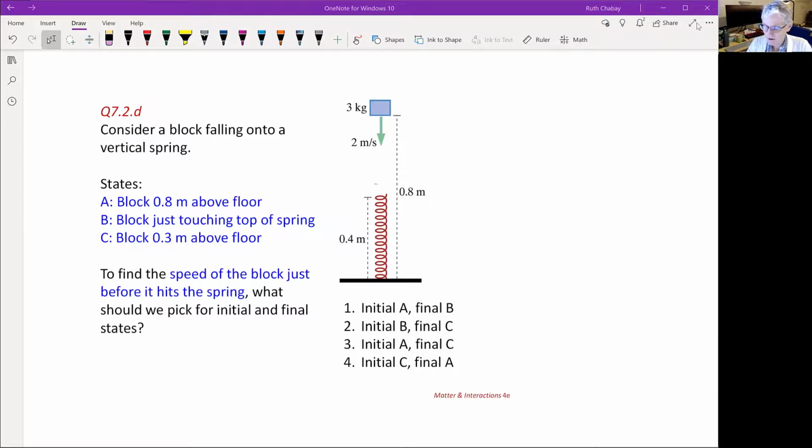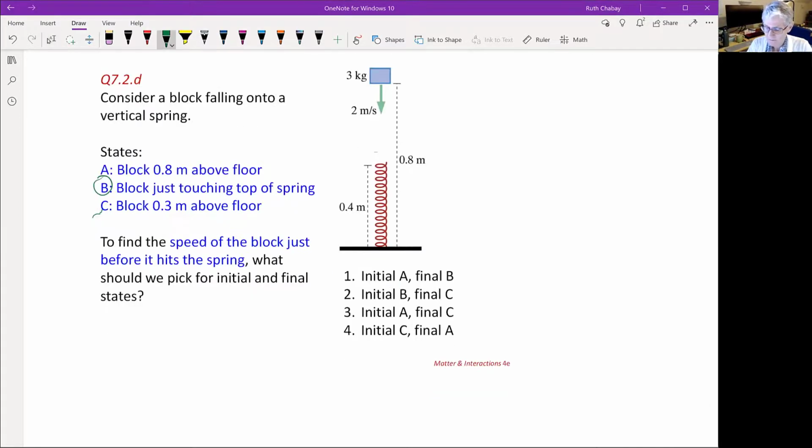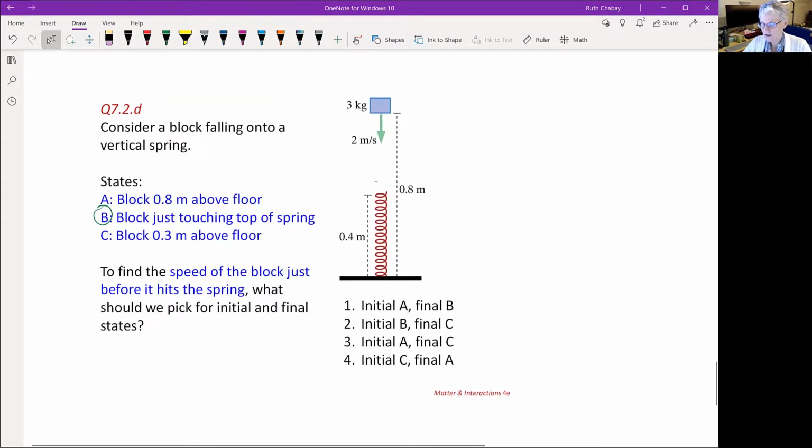So we absolutely have to pick B as one of our states because we need information about that state. Now, the only other state we actually have any information about at the moment is A. So we would indeed need to pick A and B as our states.